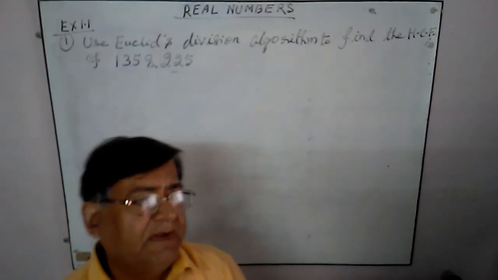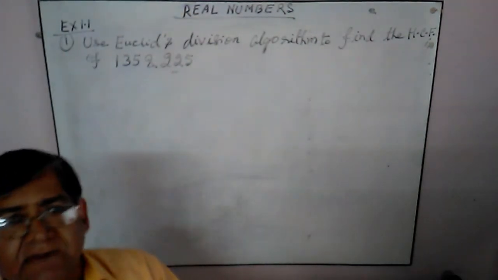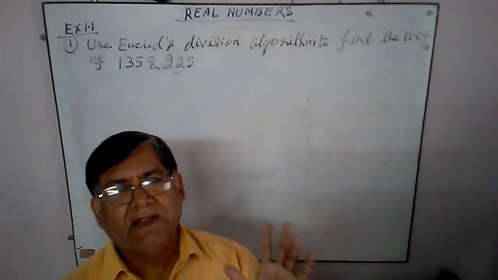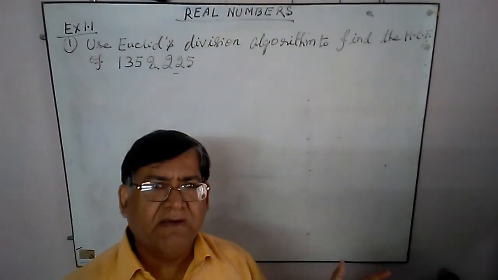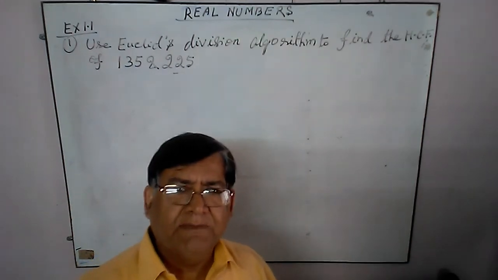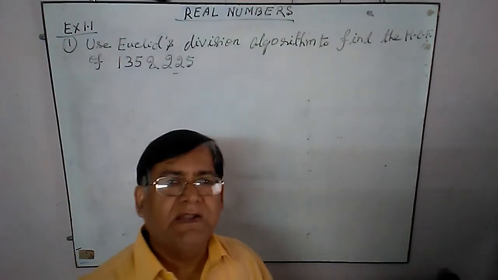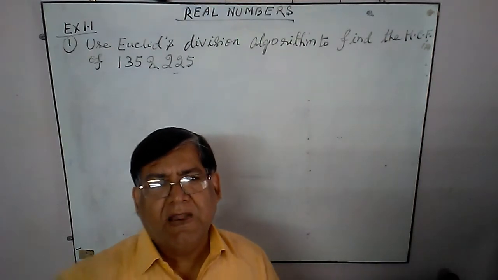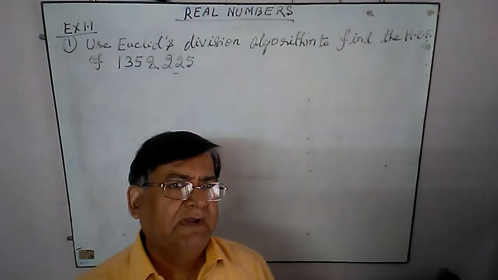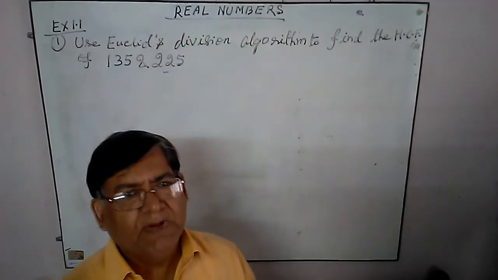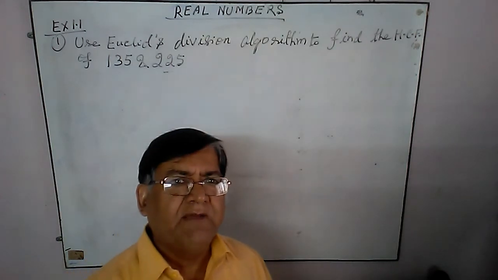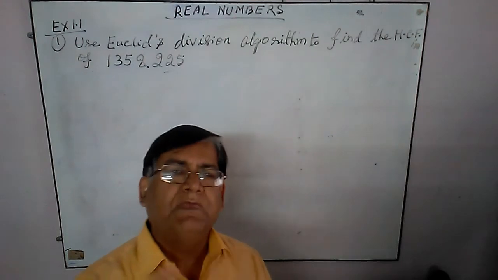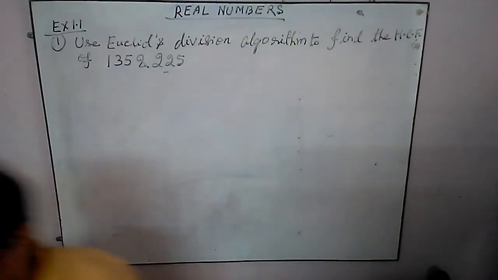And for three numbers, first take any two numbers and start the division, and whatever the last divisor is, the remainder will be your new divisor, and then divide the third given number, and continue the same process. You will again get the answer. The last divisor is the value of HCF.